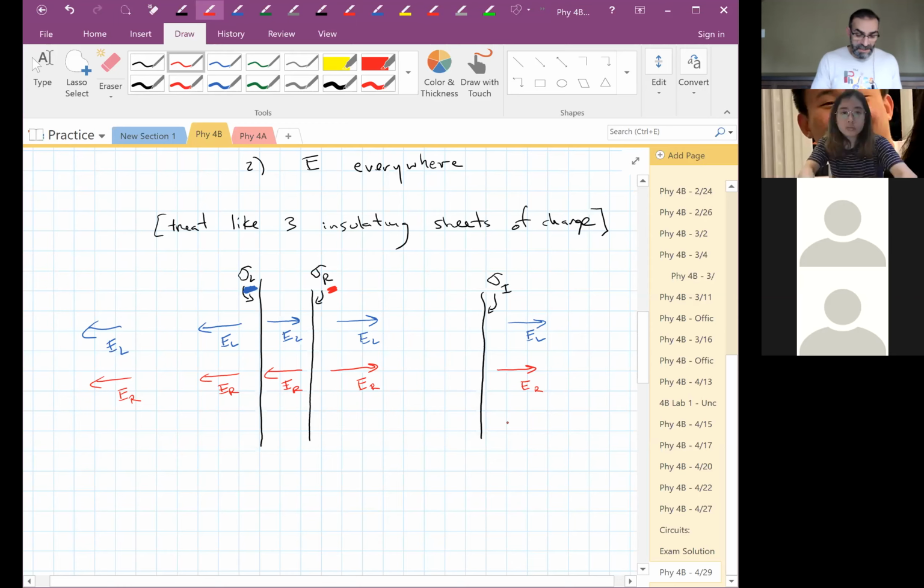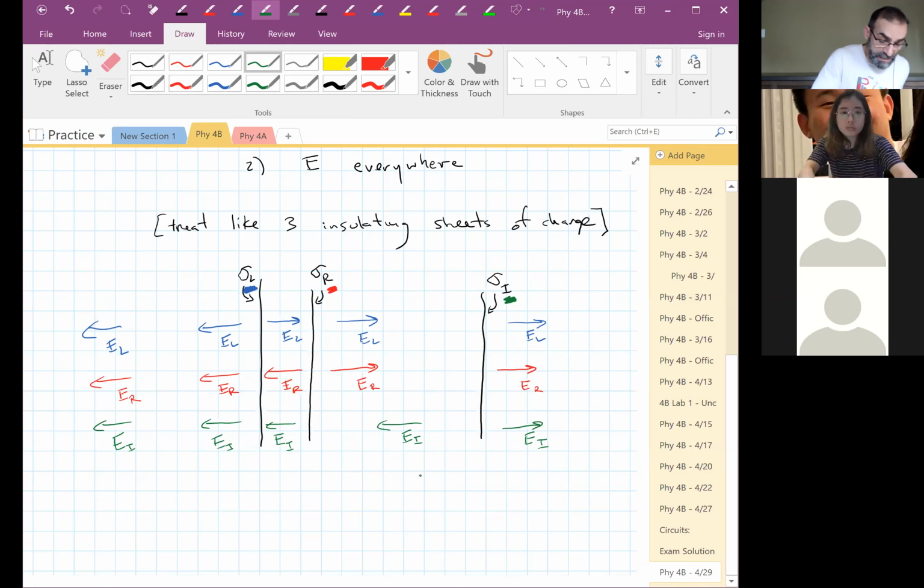And then our insulating sheet, I'll use green. Our insulating sheet, if there's positive charge there, will send electric field out in these directions, right? E insulator.